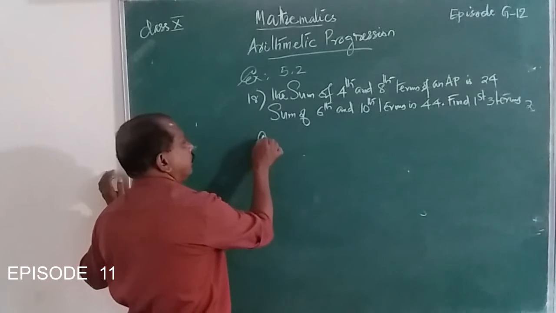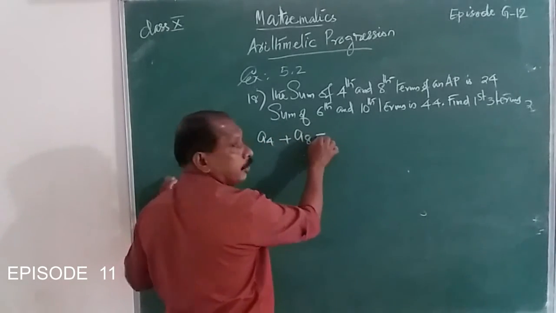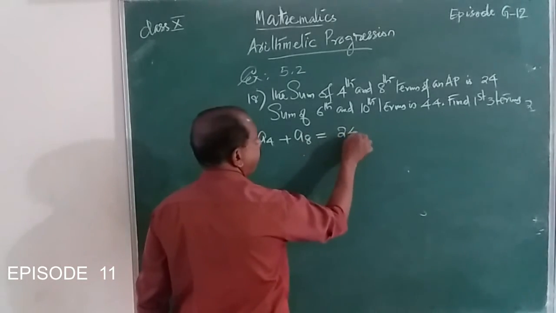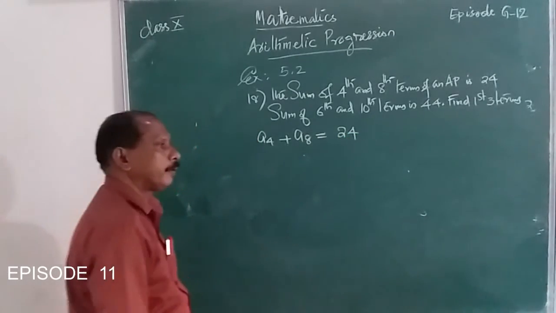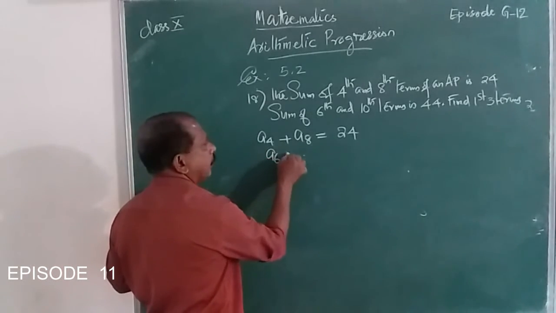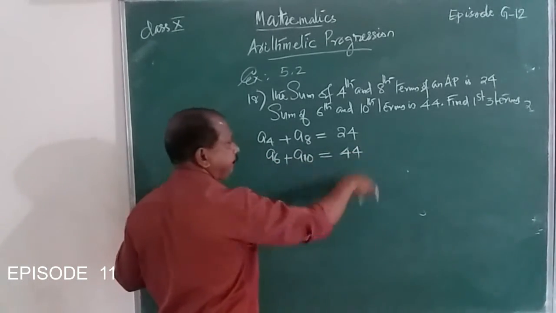A4 plus A8 is equal to 24, and A6 plus A10 is equal to 44.